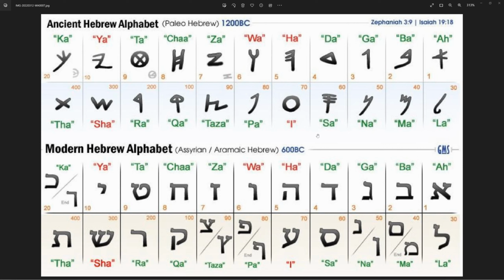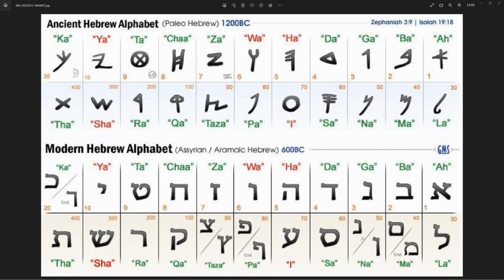When you see characters like this, you only see this really when you're doing research, looking at the era before the Assyrian Hebrew, the Aramaic Hebrew. Most of the time you're going to see what's on the bottom here. You have a ma beginning and middle, and then you have the final form, the end for ma.